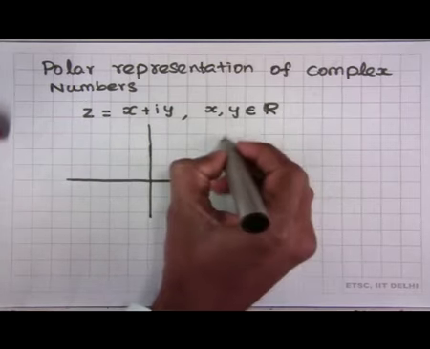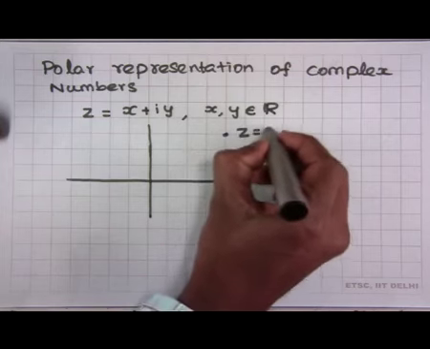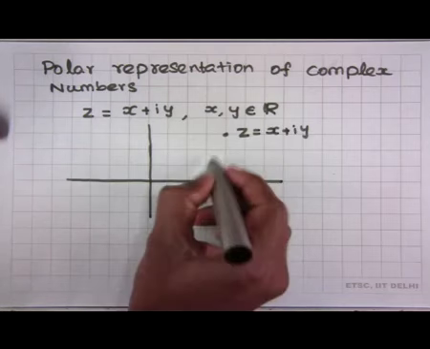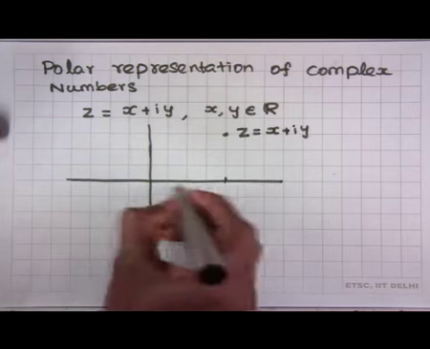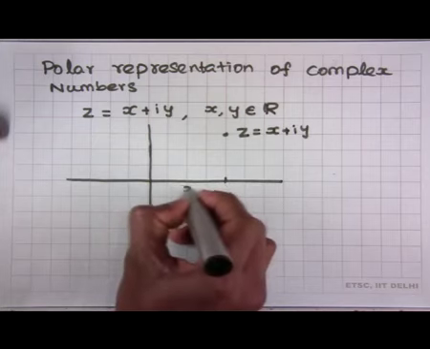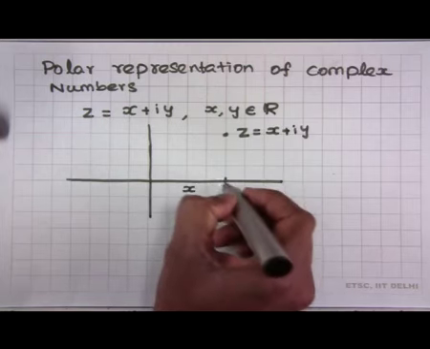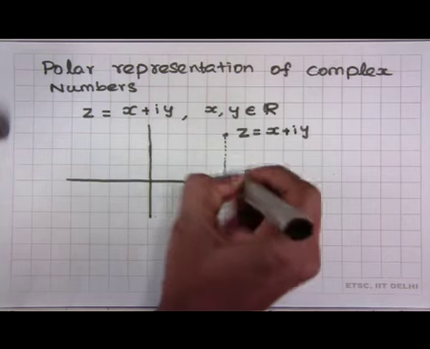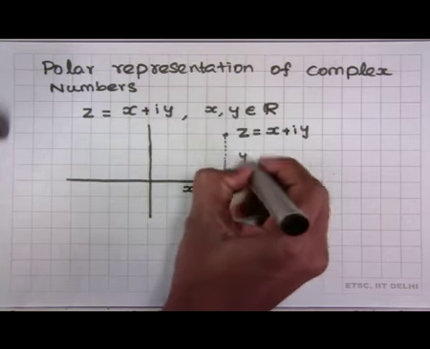Let us call this the point z, which is x plus iy, where x denotes the magnitude on the x axis when we project this point onto the x axis, and similarly the magnitude in the vertical direction, which is y.